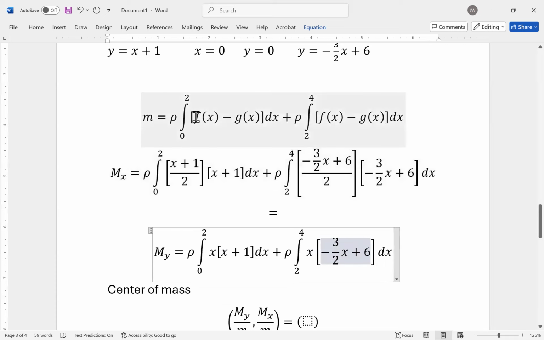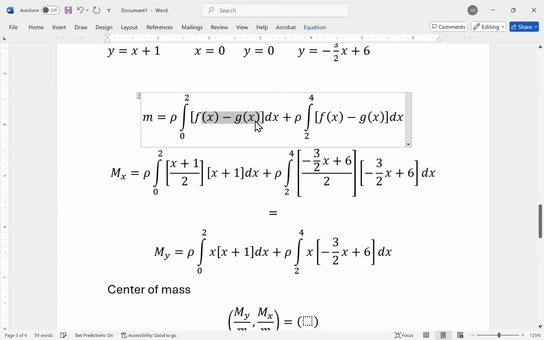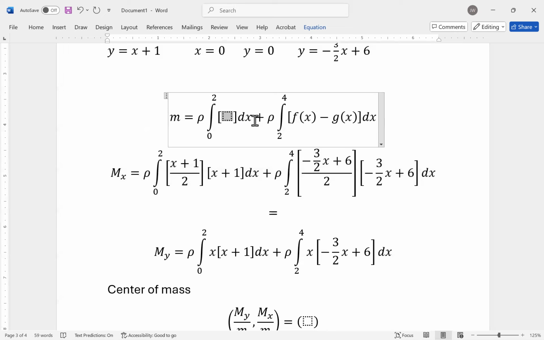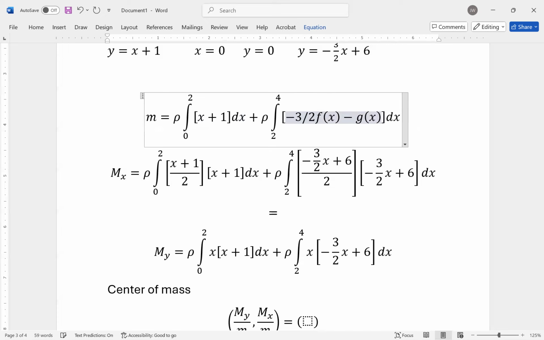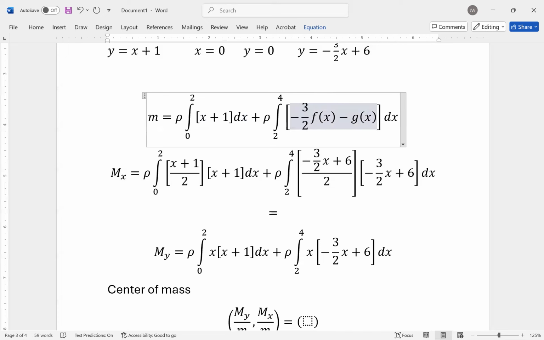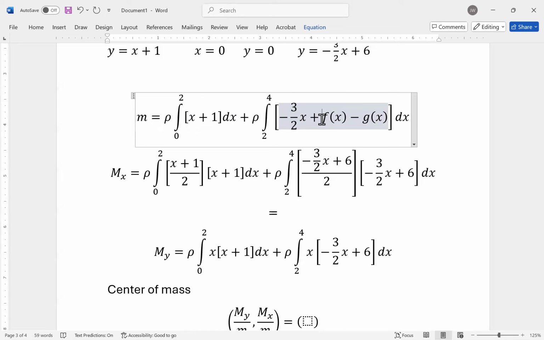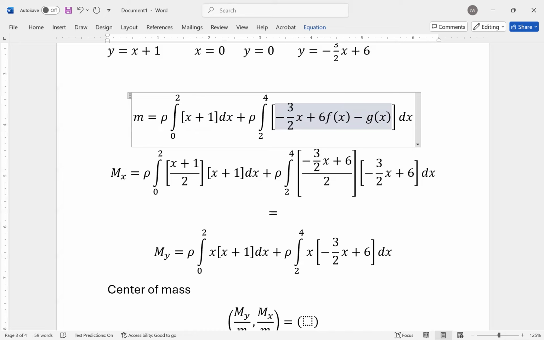The same thing with my mass from 0 to 2. F is x plus 1 minus a g of 0. From 2 to 4, that's negative 3 halves x plus 6, and then g of 0.